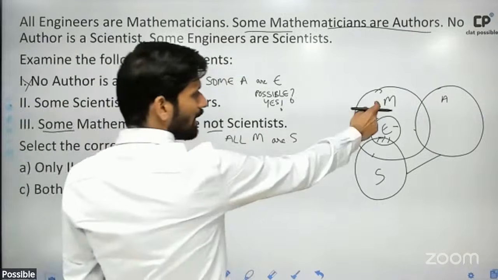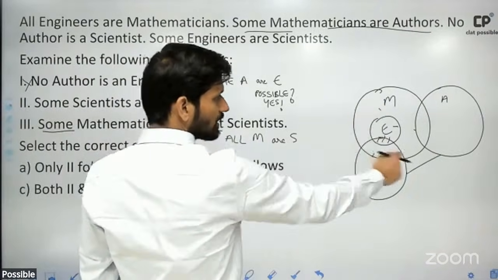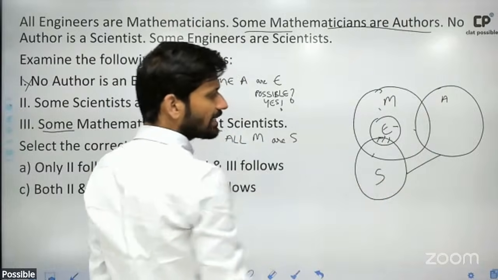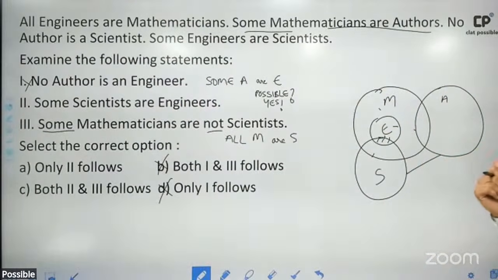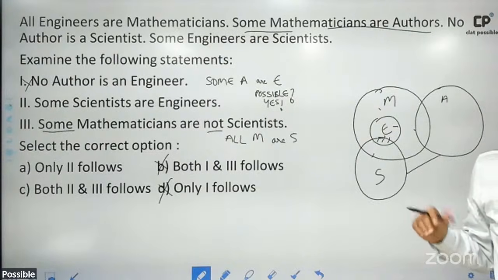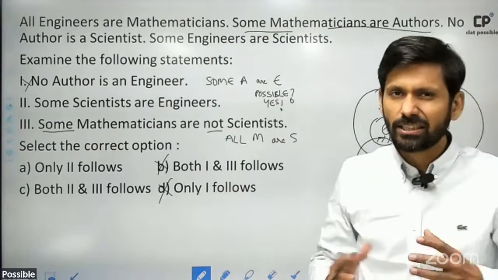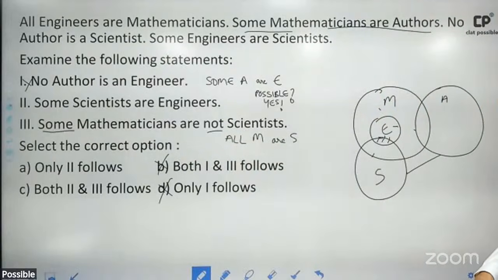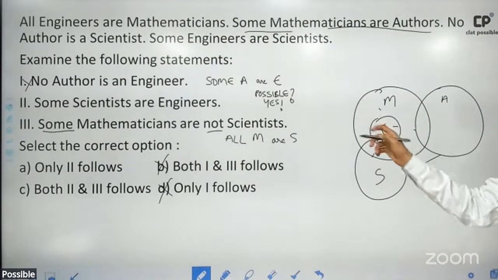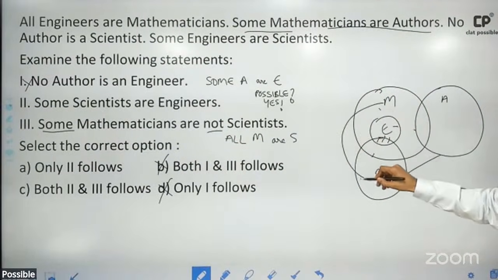क्या ये सारे mathematician, can this circle go inside scientist? Everyone, can the M circle completely go inside S? And don't look at its size, कि size feasible नहीं है, right? Just check the logic. M going into S, possible or not?